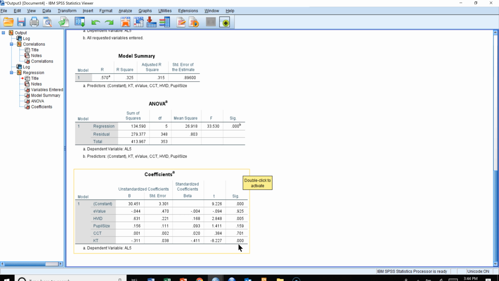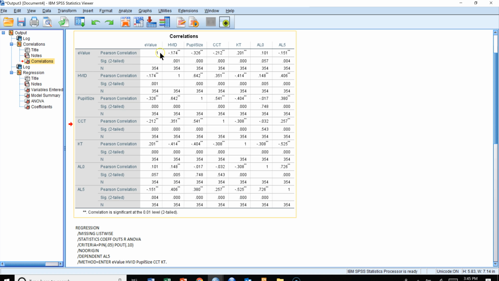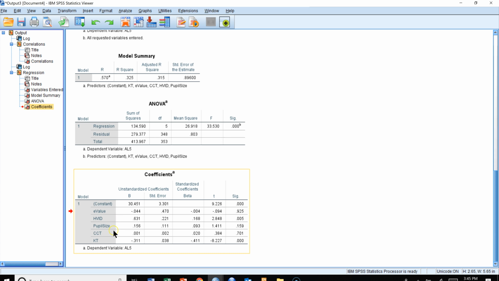All the other ones are not significant. Now wait a minute, we just said that in our correlation, everybody was significantly related to axial length 5. And here we're saying, well, not so fast. Only HBID and KT are significantly associated.